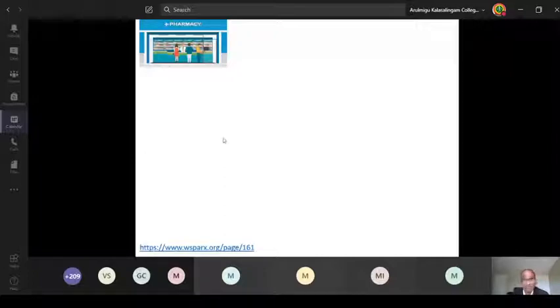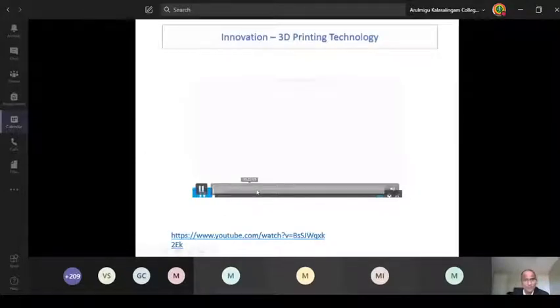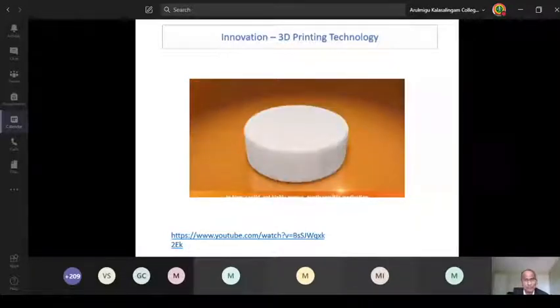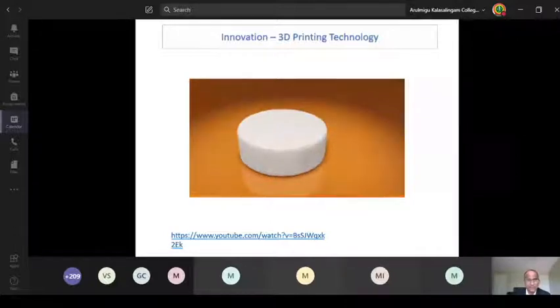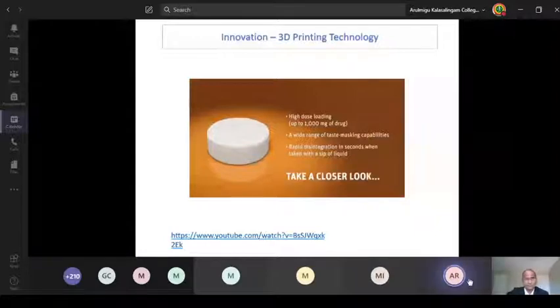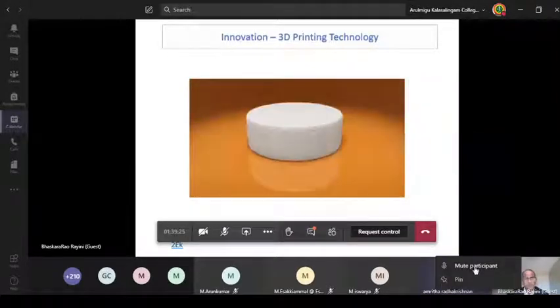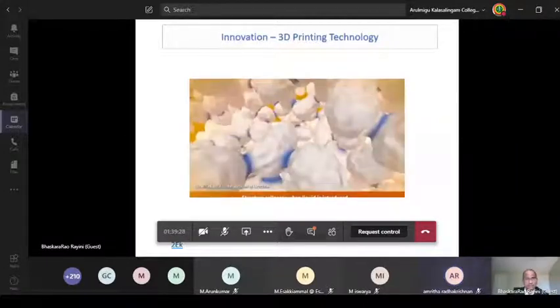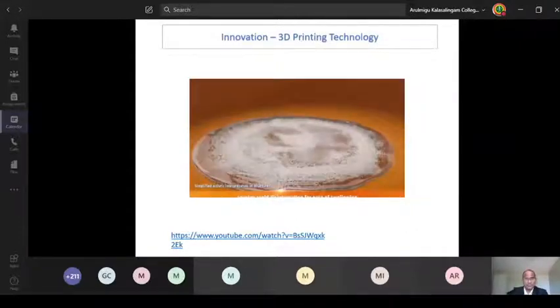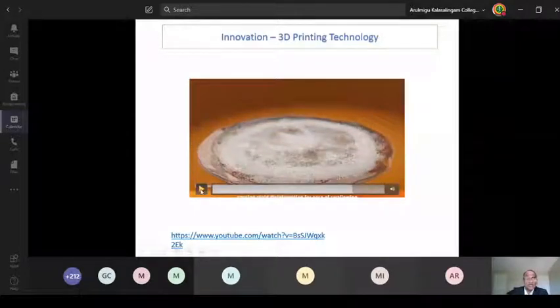So this is an ODT, oral disintegrating tablet.